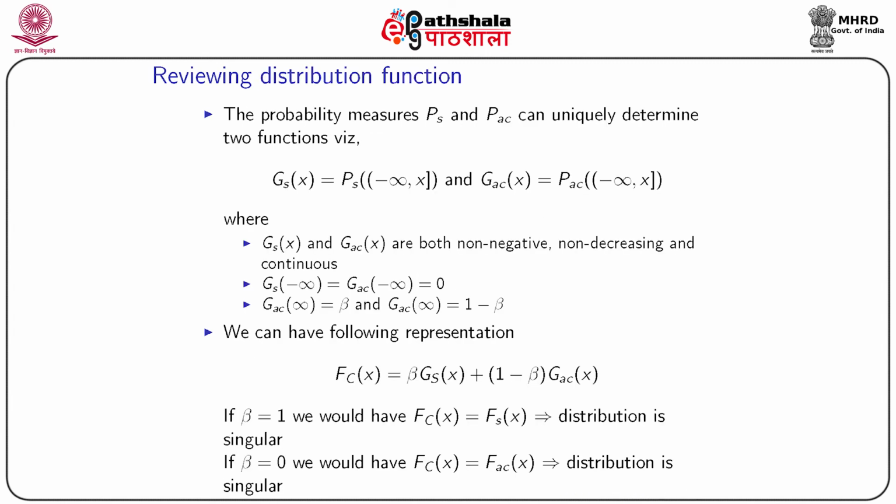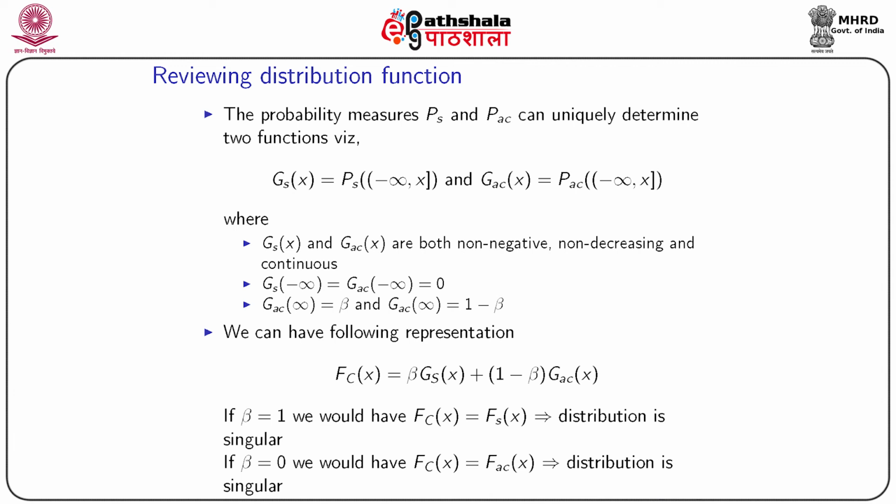The probability measures P_s and P_ac can uniquely determine two functions, namely G_s(x), which is P_s of minus infinity to x, and G_ac(x), which is P_ac of minus infinity to x. AC stands for absolutely continuous, where G_s(x) and G_ac(x) are both non-negative, non-decreasing and continuous.